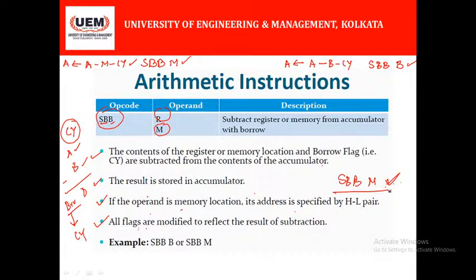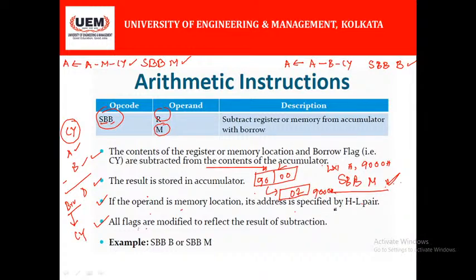But what is the value of the memory location? To represent that, we require the LXI H instruction. Say LXI H 9000H. That means the value of the HL register pair is 9000. Now we go to 9000 location, and the data value stored there is, suppose, 01.